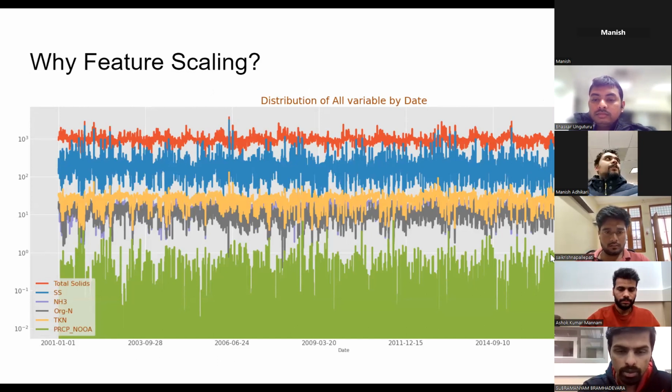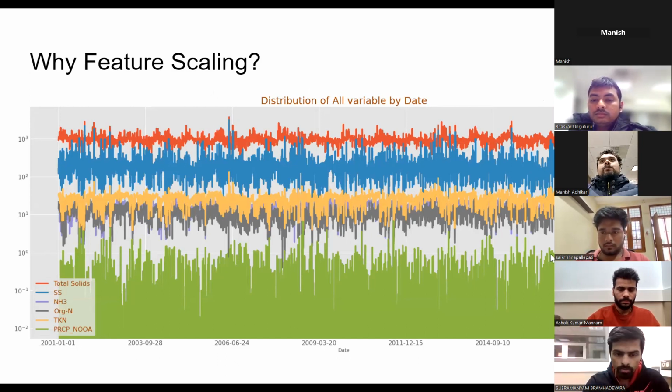Before explaining that, I'm going to explain the plot here. I built this plot using data.plot for the data from the initial date to the final date, as mentioned in the dataset.